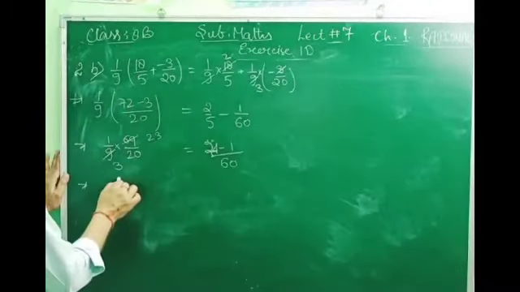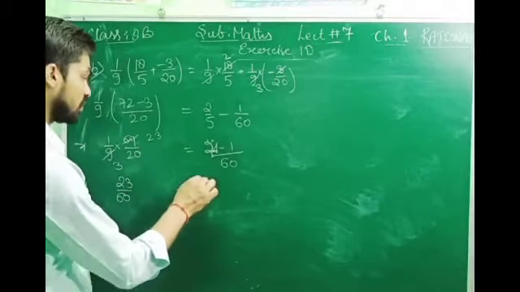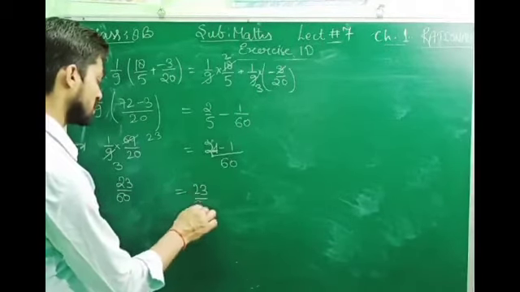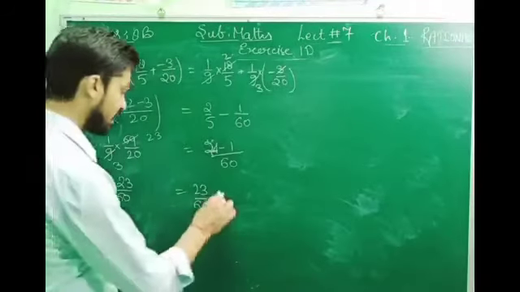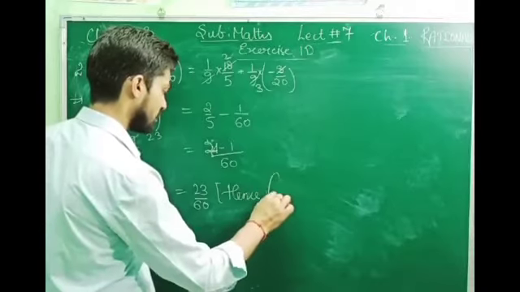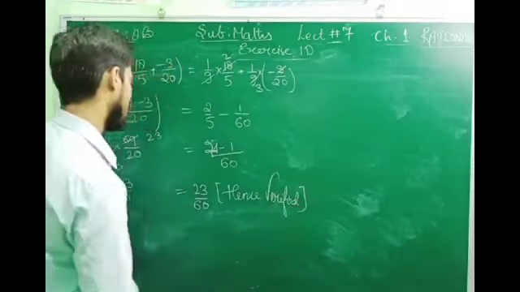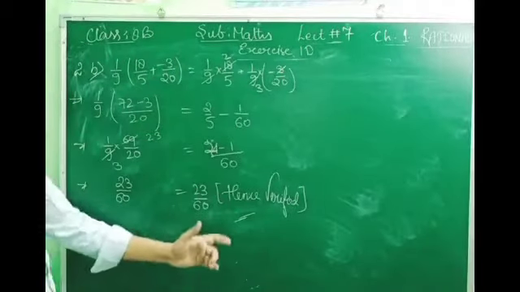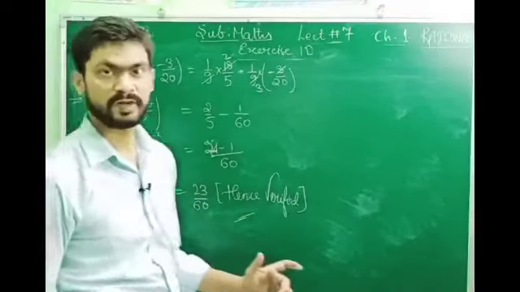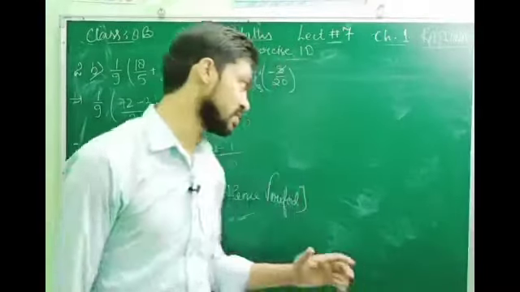So this will be 23 upon 60, that will be equal to 23 upon 60. Both sides we got the same value, hence verified. And which property? You have to write the distributive property of multiplication over addition here.